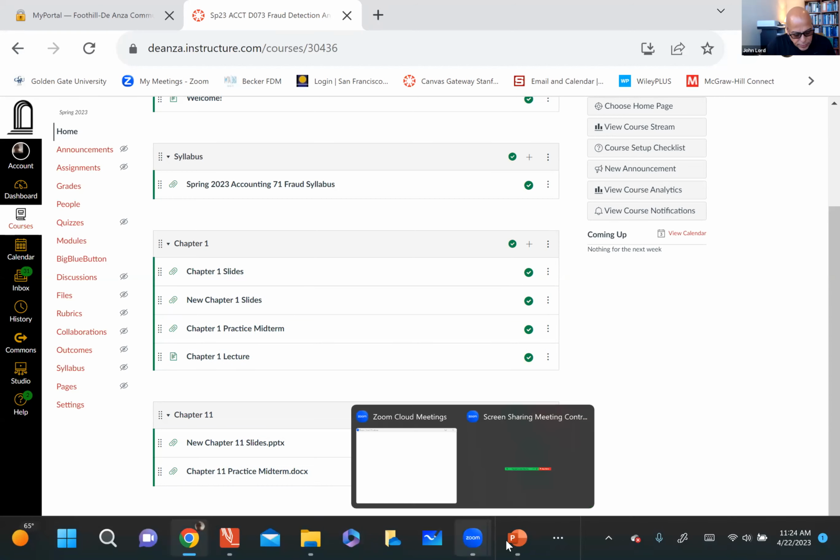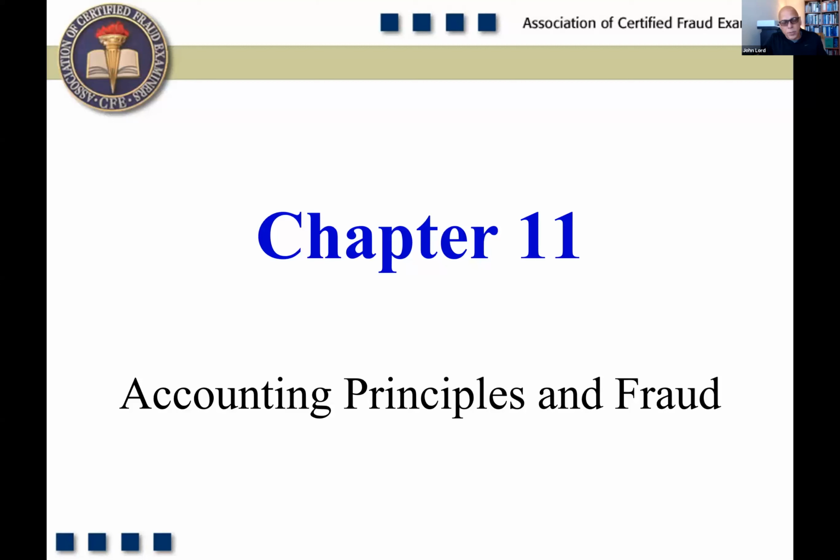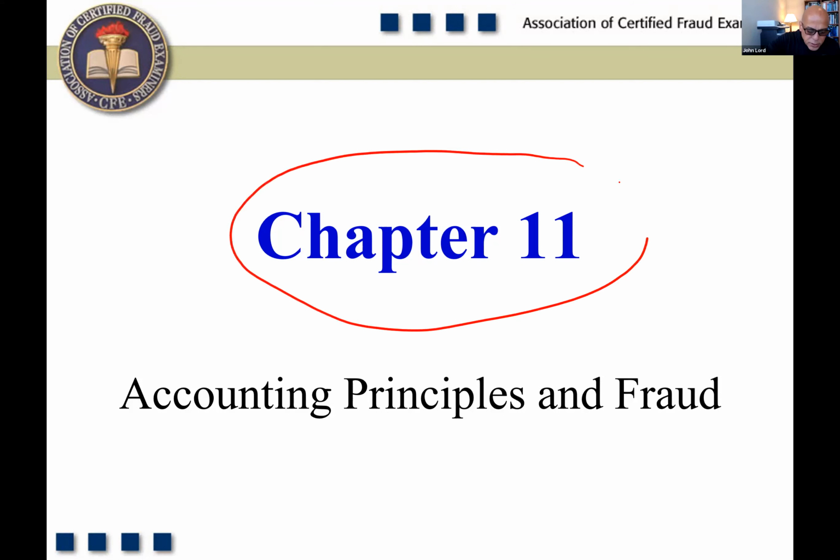Okay, so let me go ahead and get that chapter 11 material back up and put my machine in slideshow mode. Okay, and when you take a look at chapter 11, you're thinking, well, geez, we're jumping quite a bit ahead. But really what we're looking at are standards today.